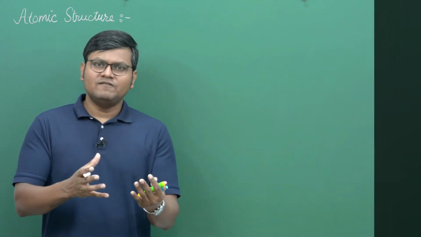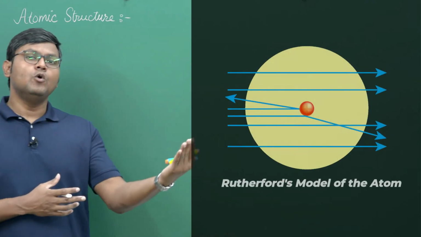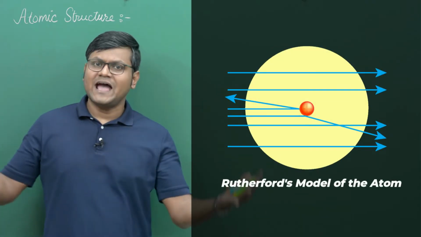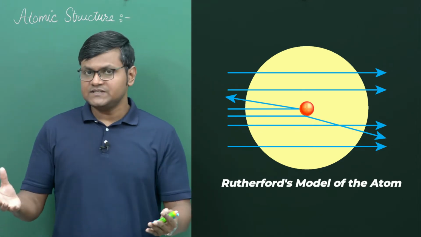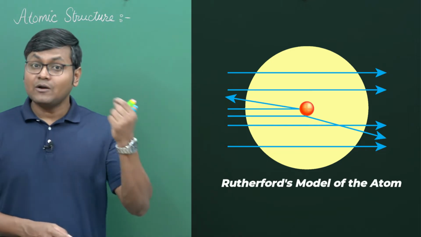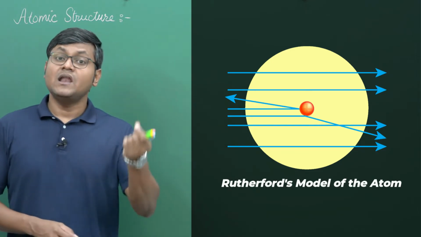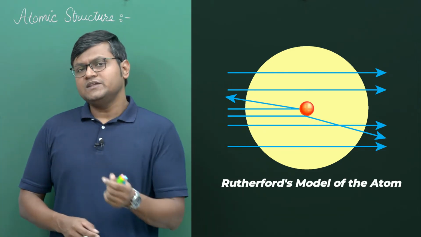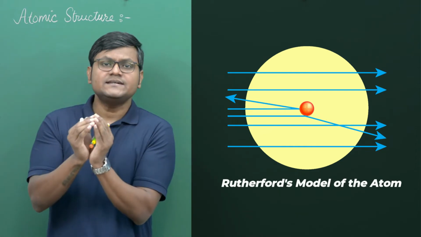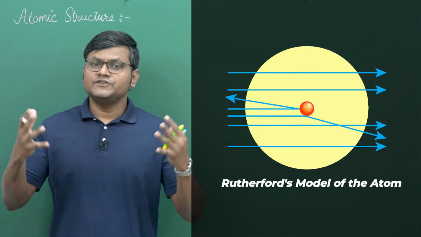Because majority of the alpha particles went through the gold foil undeflected, he assumed that vast majority of the atom is in fact empty space, and because a very tiny minority of them were actually reflected backwards or deflected by very large angles, he assumed that the vast majority of the mass of the atom is concentrated at the center, just like the model of the solar system.